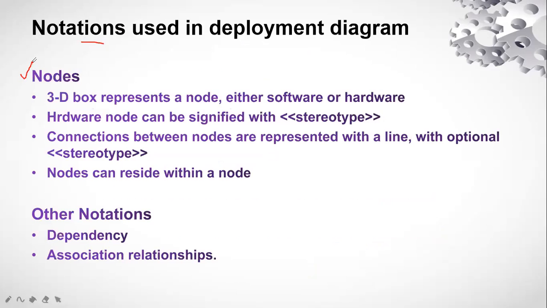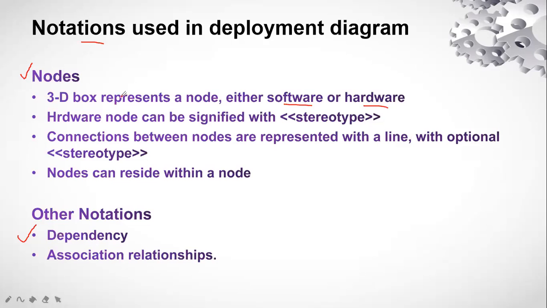The first one is termed nodes, and the second one is dependency. So basically, what is a node? A node is just a hardware or a software component which is shown in the system. So how do we define the node? It is any hardware or software component defined in the system.